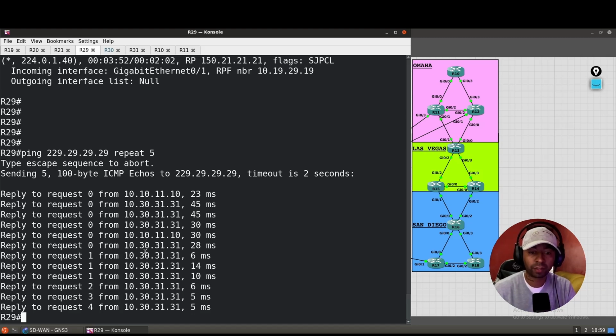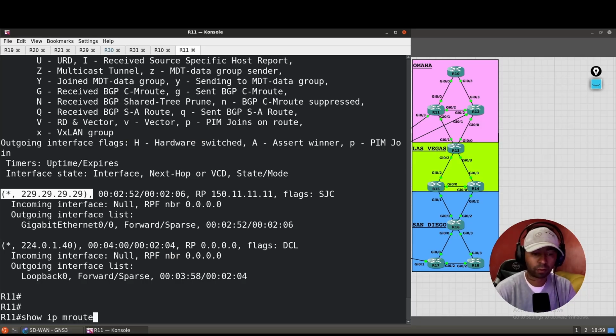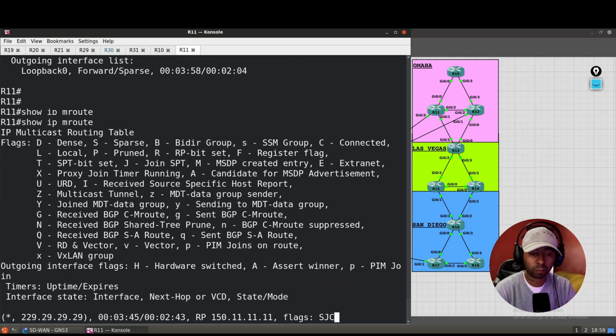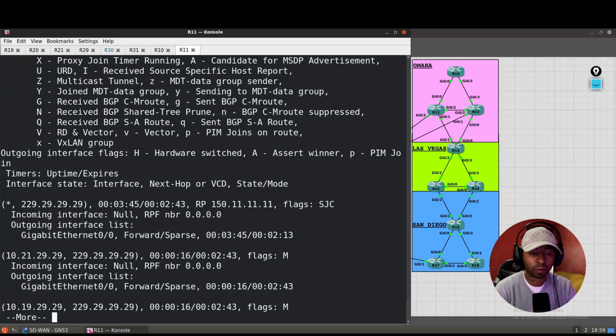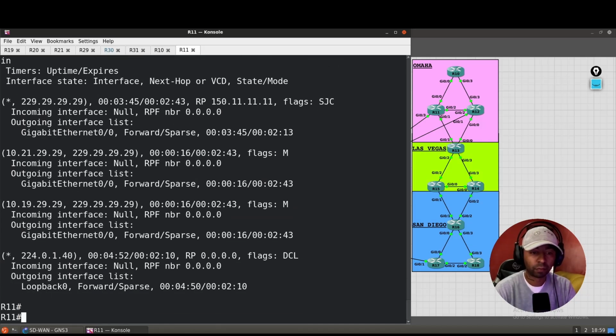He has two receivers now. So show IP mroute. Really good. Now we have the source and the receiver. Really good, but it's still in null state, right? It's still in null state.